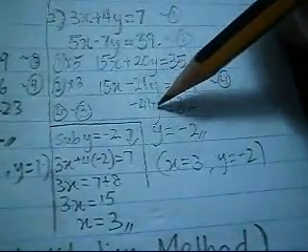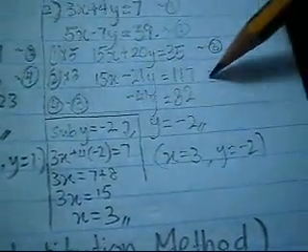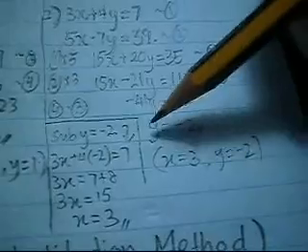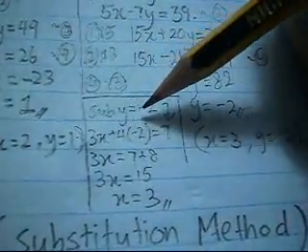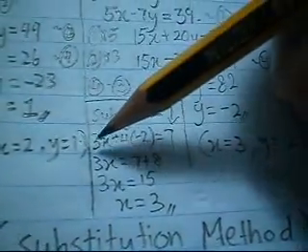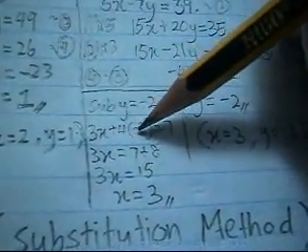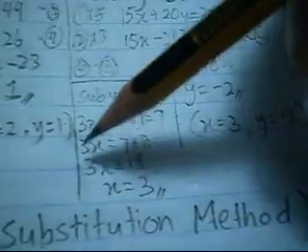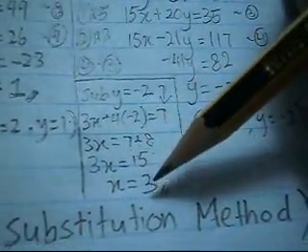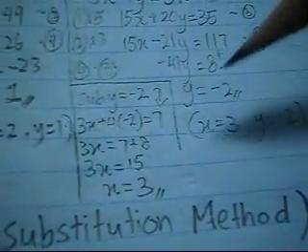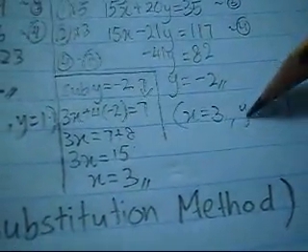So pretty much you get negative 41y equals 82 because 4 minus 3, that's what you got, and y is negative 2. So you substitute y equals negative 2, and you get 3x plus 4 times negative 2 equals 7. So 3x is 15, x is 15 divided by 3 is 3. So the answer you're going to get is x equals 3 and y equals negative 2.